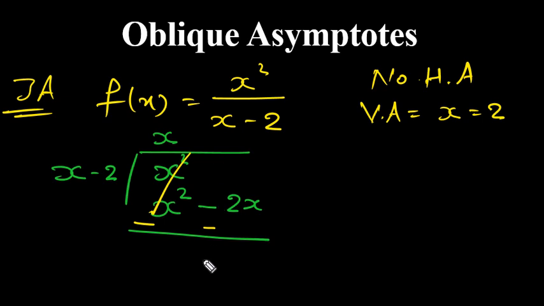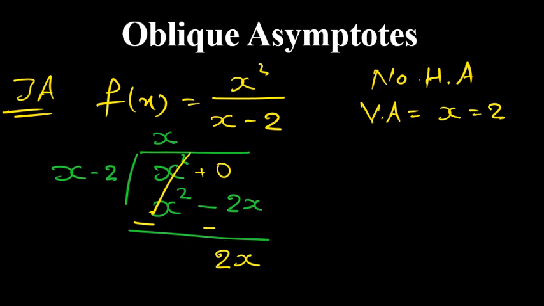So 0 minus minus 2x, if I consider here plus 0, so 0 minus and then again minus, so yeah, plus 2x. Now how will you subtract this?